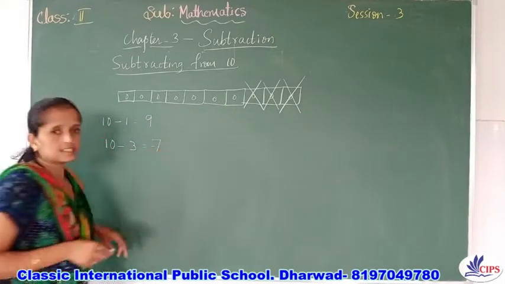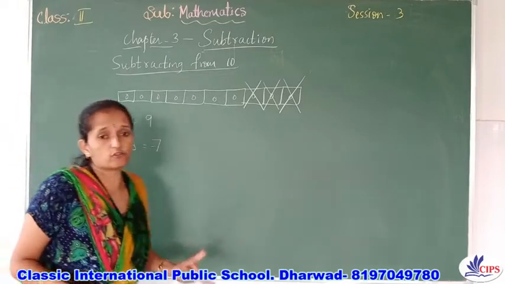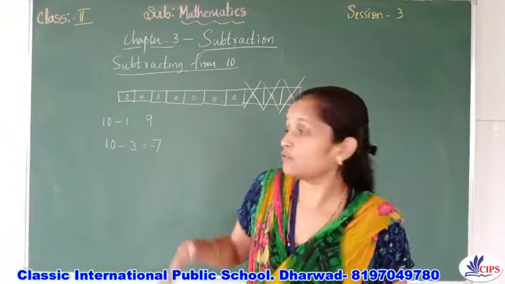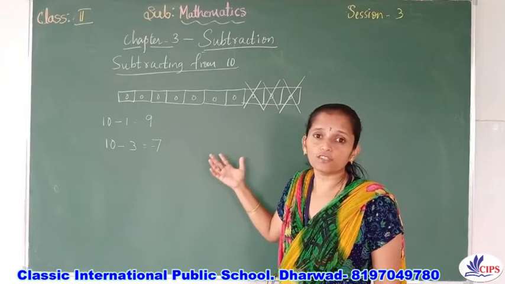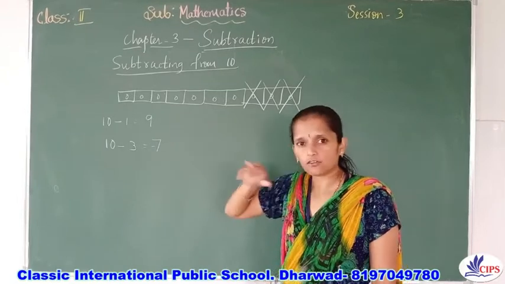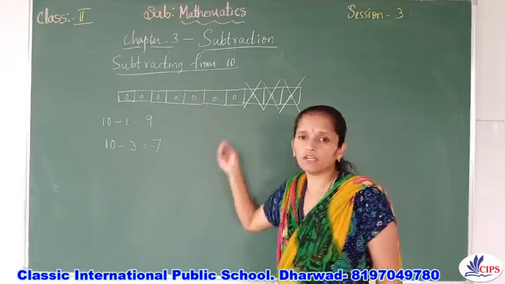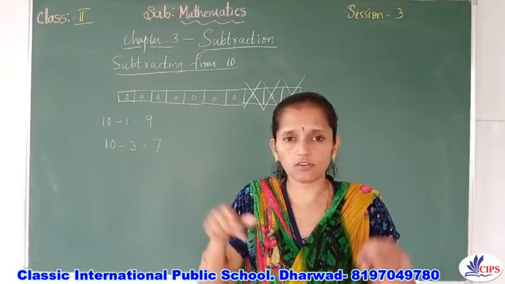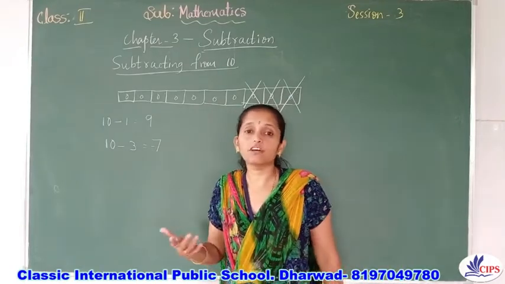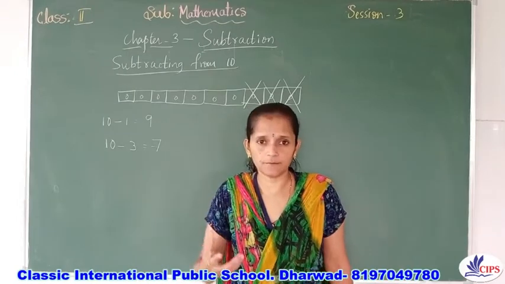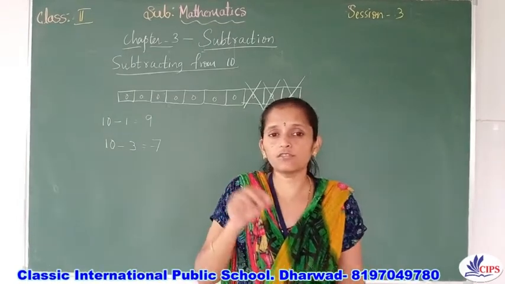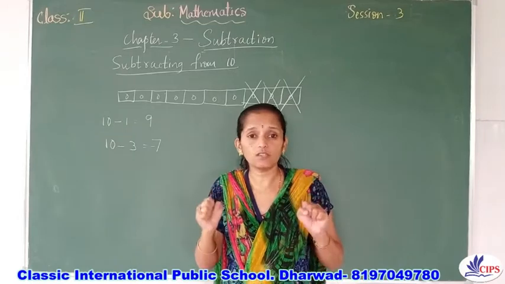This is only for those who do not know how to do subtraction. Those people can draw and cross out, and it is only up to 10, or if it is 11 or 12 you can simply draw and cross out. But what if you have a big number? In that case you need to actually count.